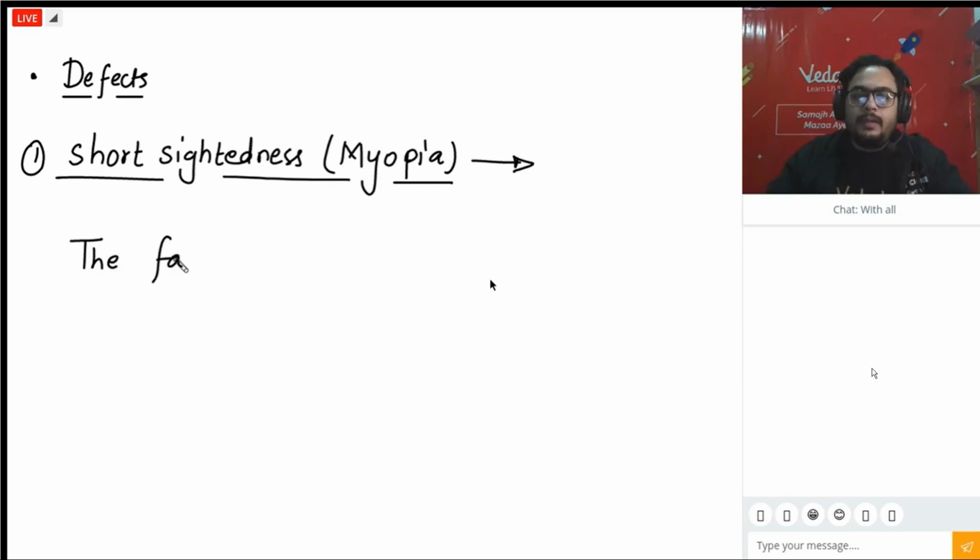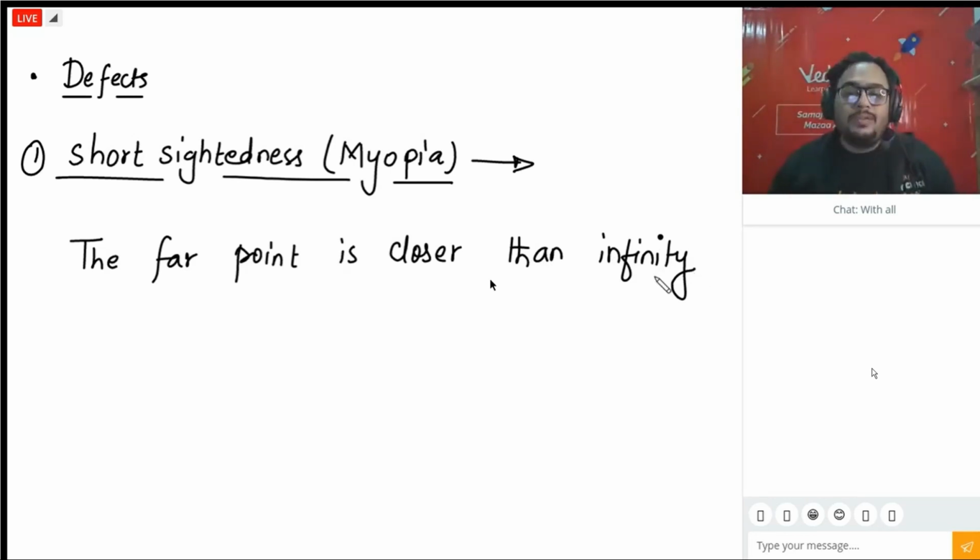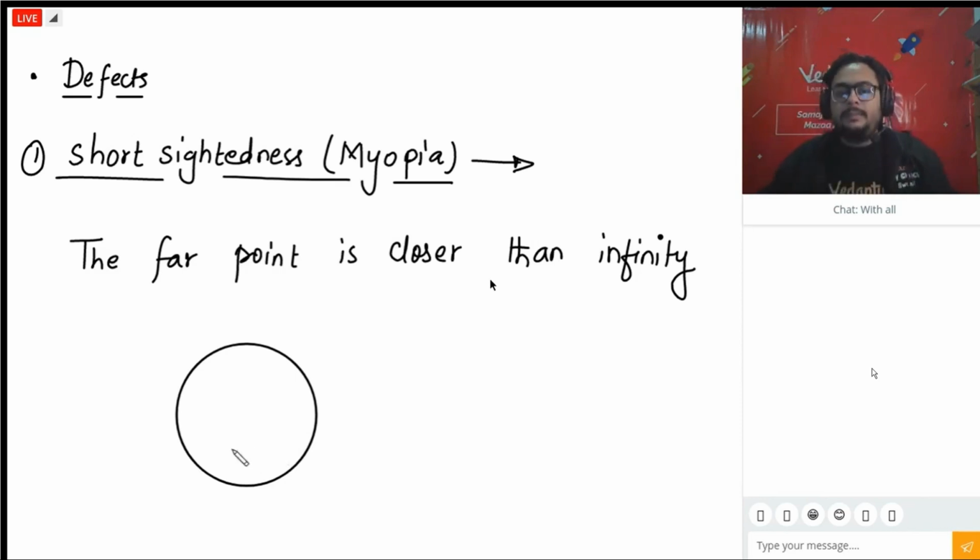The far point is closer than infinity. Basically I cannot see objects that are far away clearly because the image is not formed on the retina. Do you understand what is happening with my eye, everyone? So I can only see the things that are close to my eye clearly.